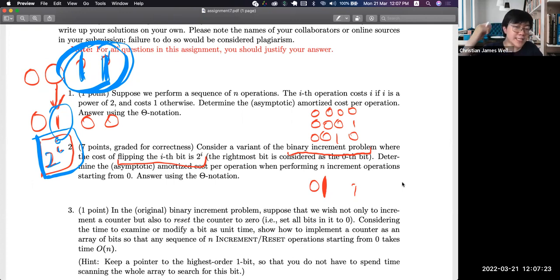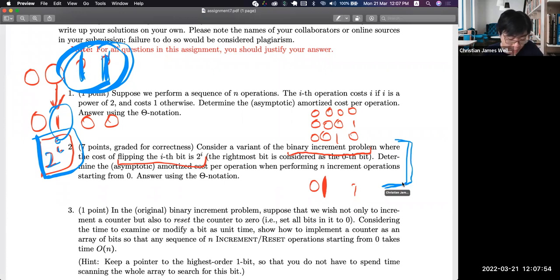But at the very least, when I saw this problem the first time, my intuition really told me to try the aggregate method, the method that we didn't cover in tutorial. The lecture actually has the aggregate method for this question, and I think it's a slight extension, a modification of the aggregate method in lecture.